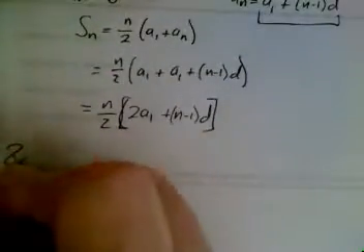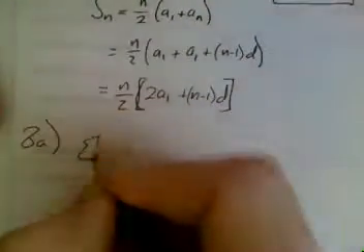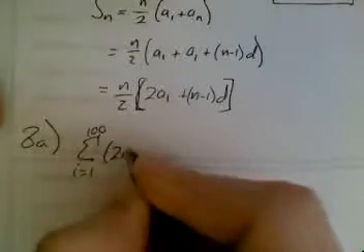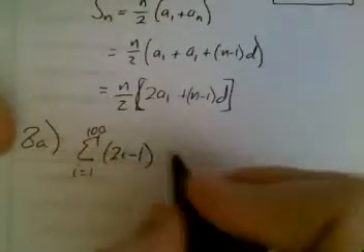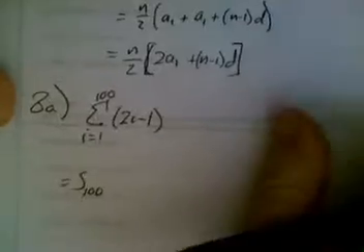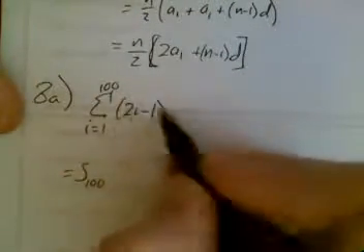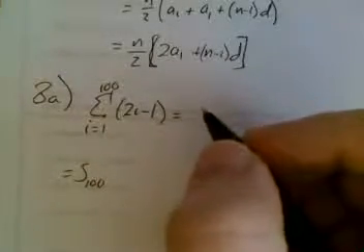Why not? 8a. Evaluate the series i equals 1 to 100 of 2i minus 1. What I'm asking you for is, what is S sub 100? What are the 100 terms added up in this? We could write out all 100 terms.